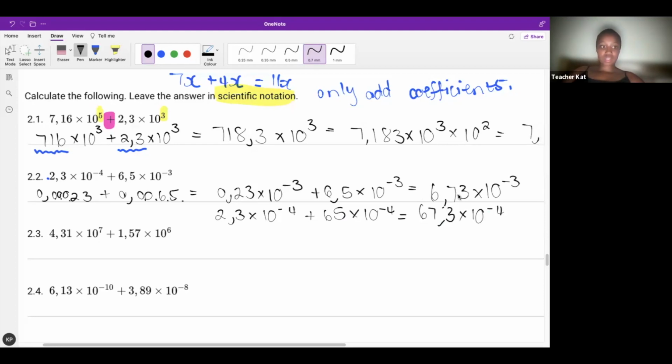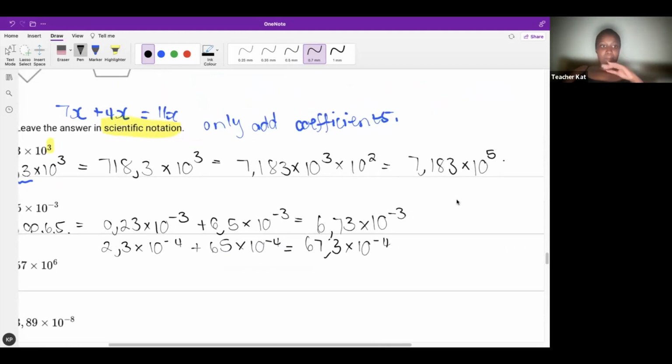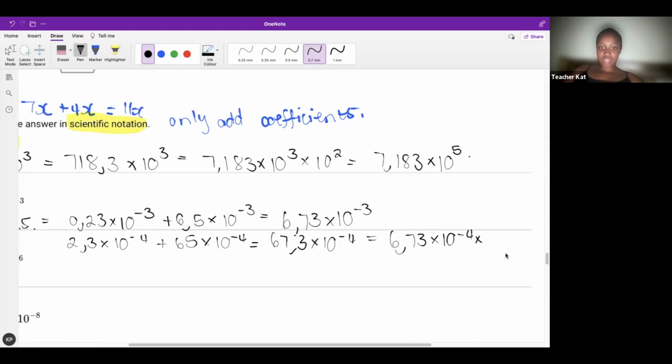Now, is this in scientific notation? Nope. So I'm going to move my comma to 6,73. Times 10 to the negative 4 times. Did we move it left or right? Left.